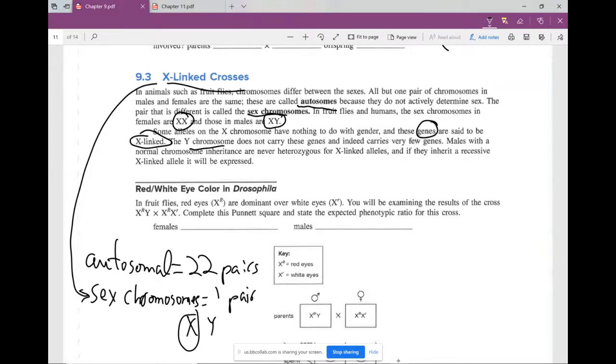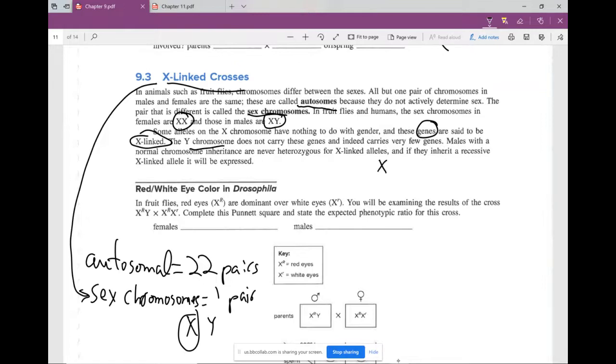The Y chromosome does not carry these genes. In fact, the Y chromosome is all about being a male. Well, let me backtrack. The Y chromosome carries different genes than X chromosomes.